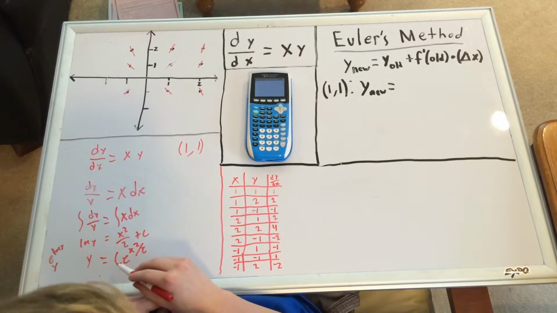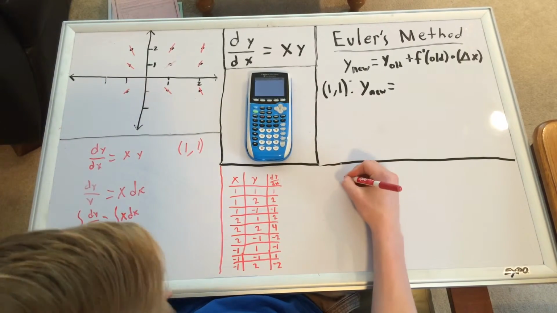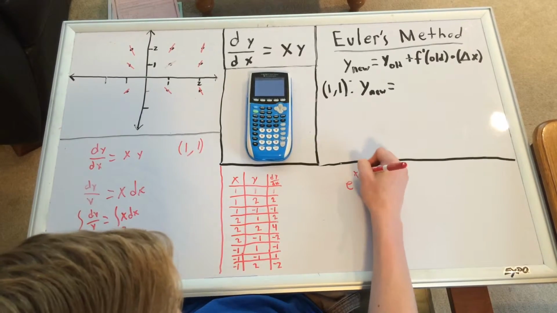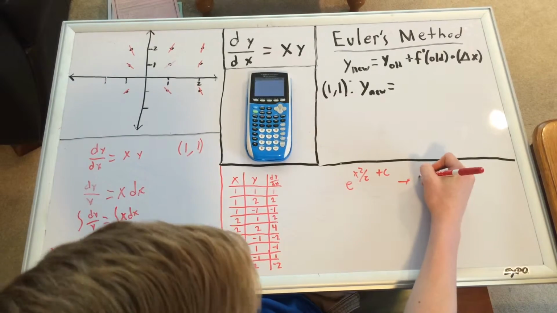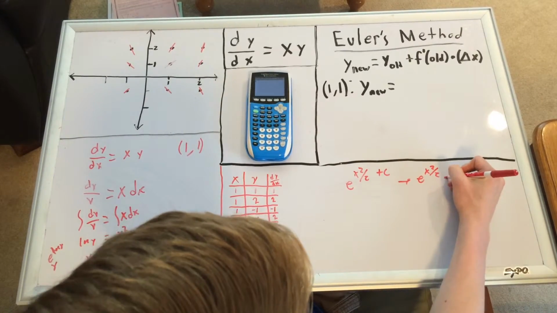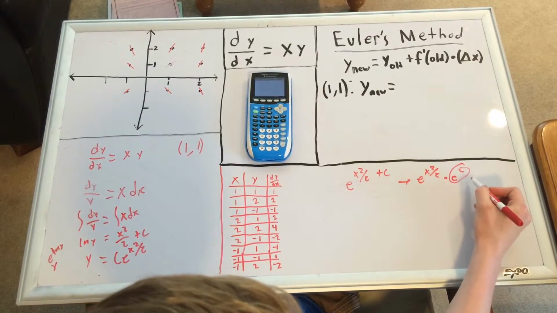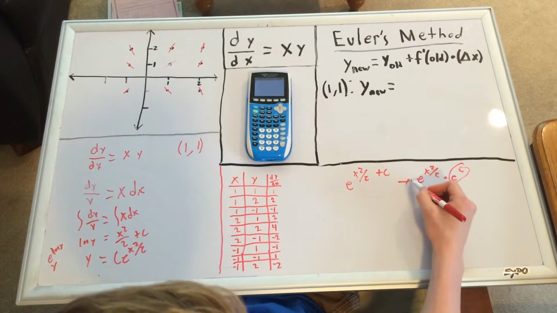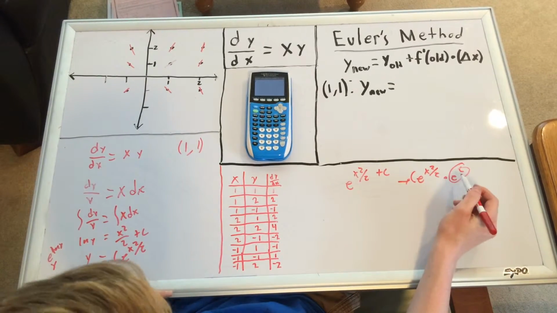We can bring the c out in front, because if you were to just do this as e to the x squared over 2 plus c, that can also be written as e to the x squared over 2 times e to the c. This here is just a constant, so we can multiply it by everything here, giving us c e to the x squared over 2.